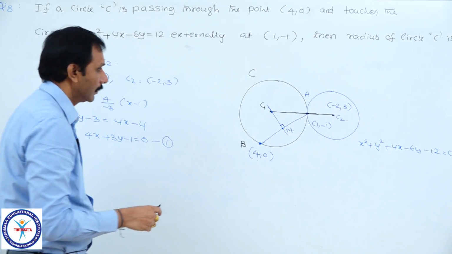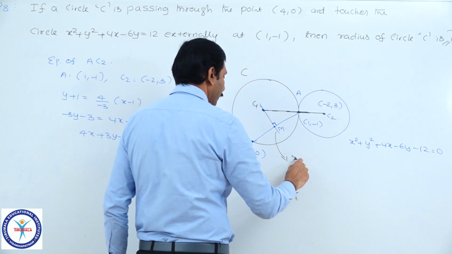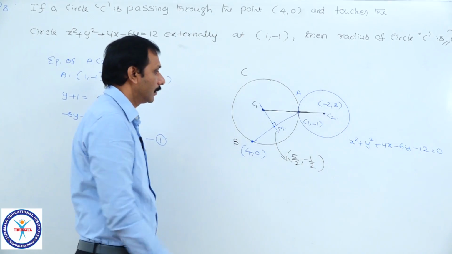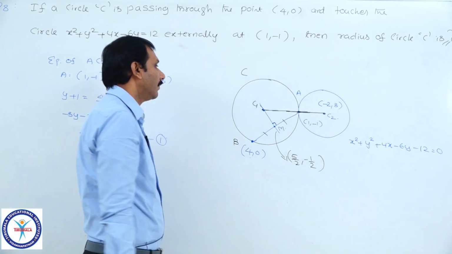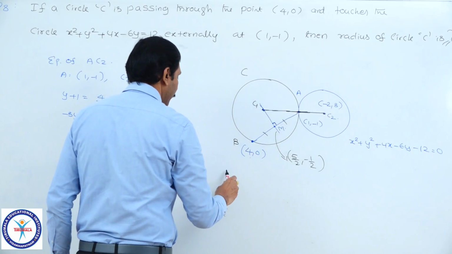Next, what are the coordinates of M, you see? The midpoint is (5/2, −1/2), because it is the midpoint of AB. Let me find the slope of AB.